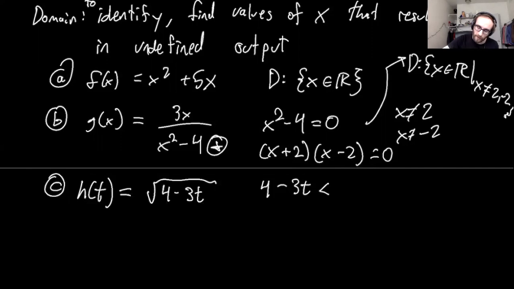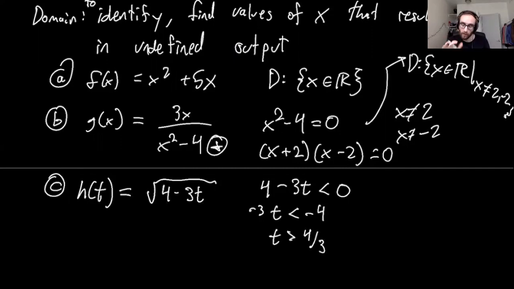When does this give us a number less than 0? So we can solve this really quickly. Negative 3t is less than negative 4. So t is greater than positive 4/3. So anything greater than 4/3 gives us an undefined h of t value or output.